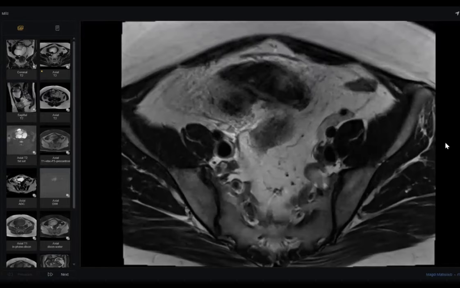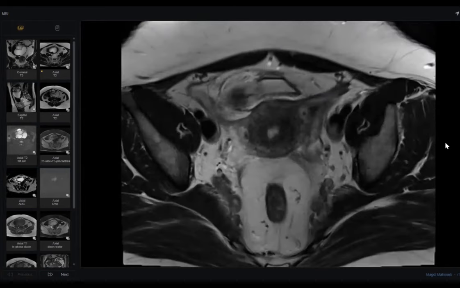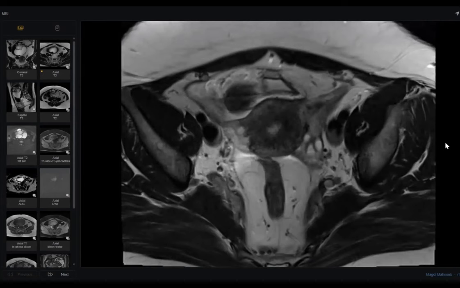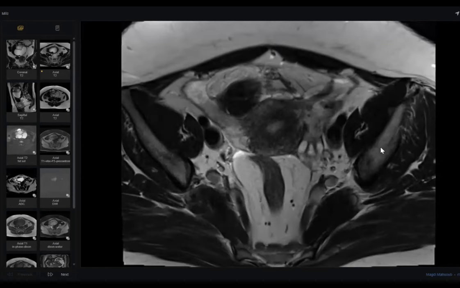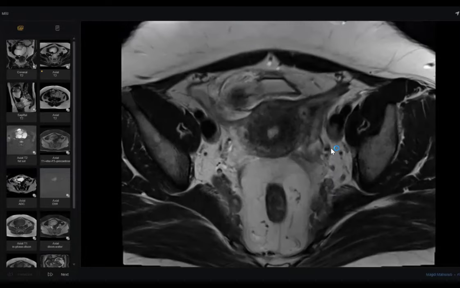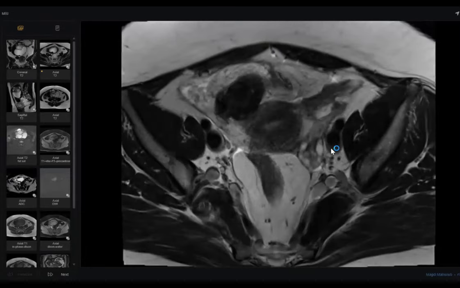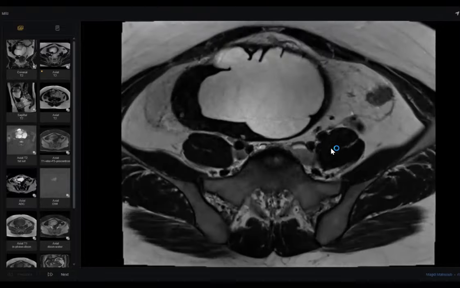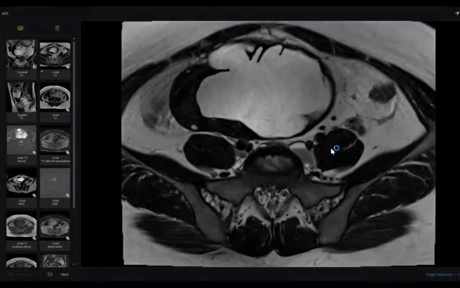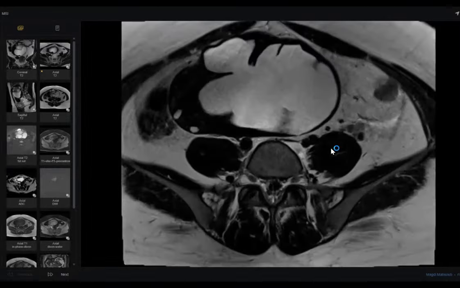So in this particular sequence, I could not appreciate the right ovary, and probably the left ovary appears to be placed in the left parauterine location and appears to be normal in this stack, but I will still confirm this on the coronal T2 images. So this is likely pathology arising from the right adnexal and ovarian location. I would like to see it on T1 images as well to look for any T1 hyperintense signals.